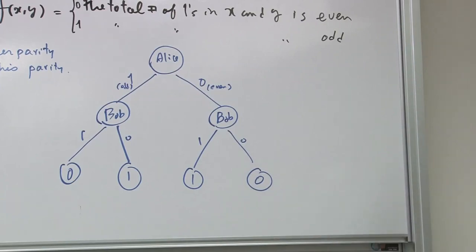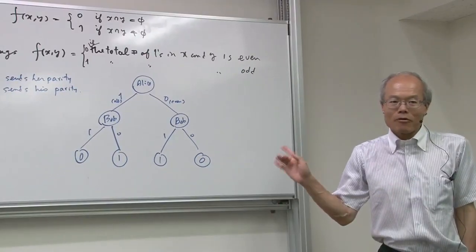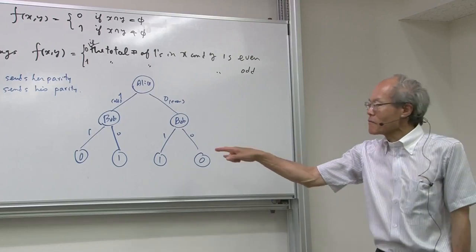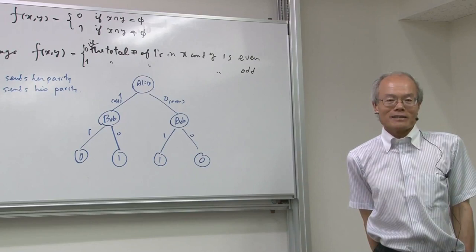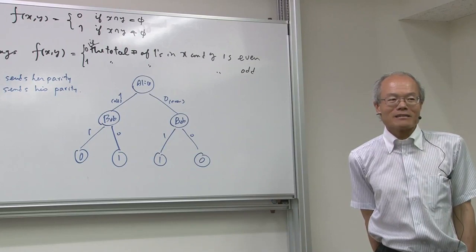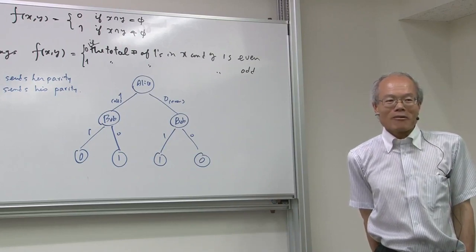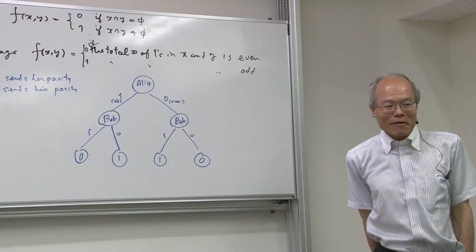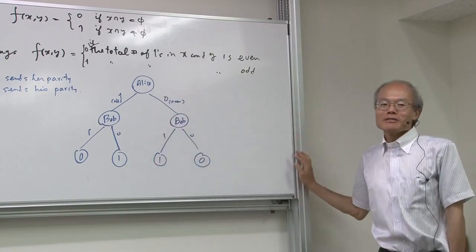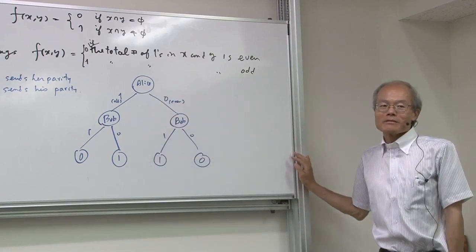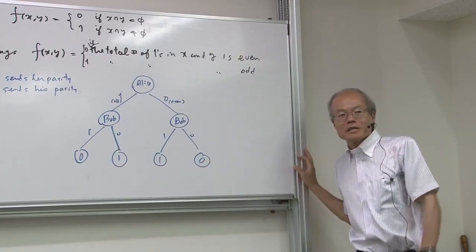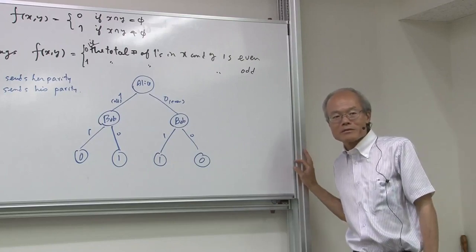Now, it's very important to know that for this problem, you need to distinguish these 4 cases. Right? In order to distinguish 4 different cases, you need 2 bits. Because this is a binary tree, and there are 4 different cases, the depth of the binary tree is log 4, which is 2.